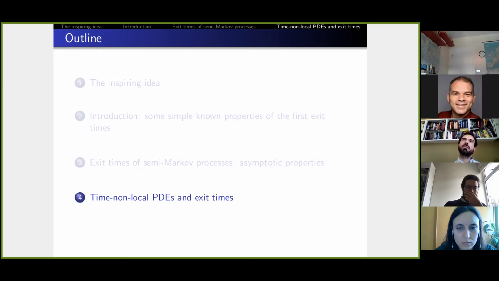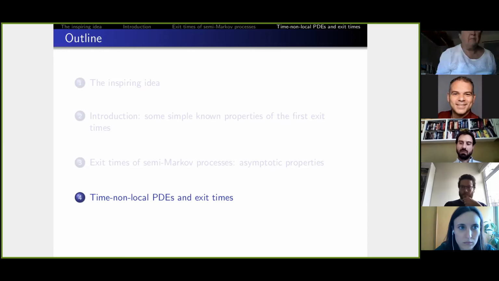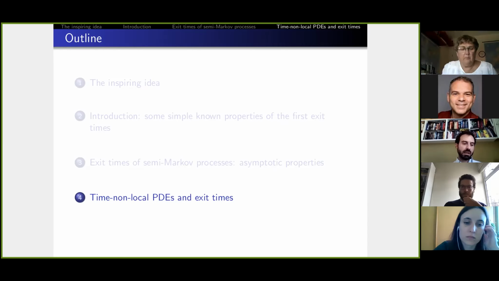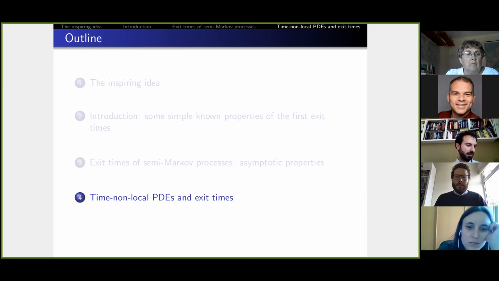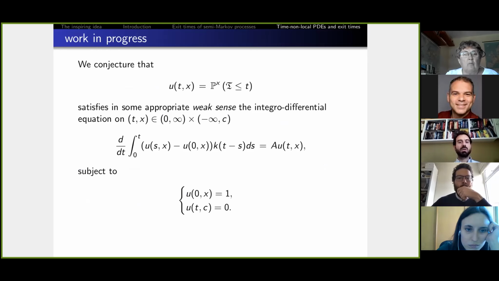You can write a PDE using a generator, and then you can always find an approximation of the distribution of the survival function, because it satisfies a PDE. And what we believe is true, and I conjecture, even if this result is not published, is that this is true also in this case. But the PDE is not local.